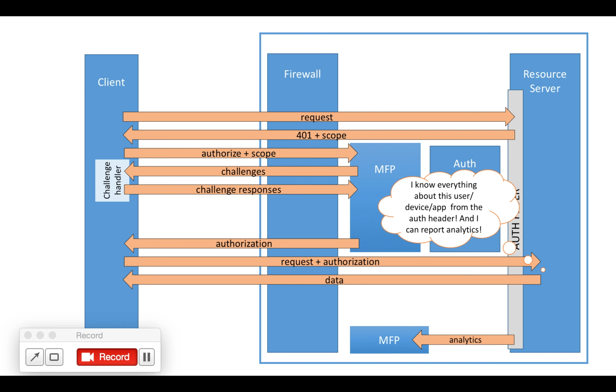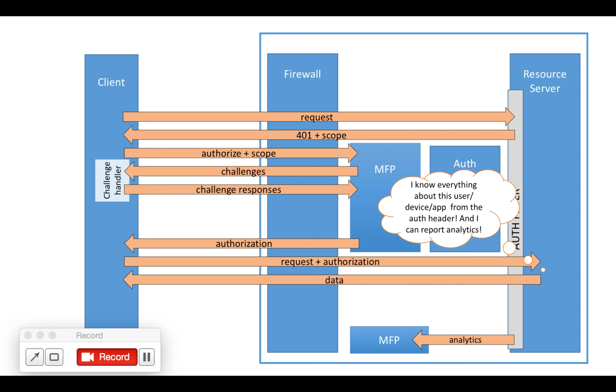So it doesn't need to worry about how to get user information from an access token, the cookie that we talked about in the beginning. Its life is much easier, and it's much easier for developers and IT managers to add new servers. They don't need to teach each one of those how to do authentication and how to connect to user registries or anything like it. You can just protect everything with a MobileFirst authorization filter, and it will take care of the rest.